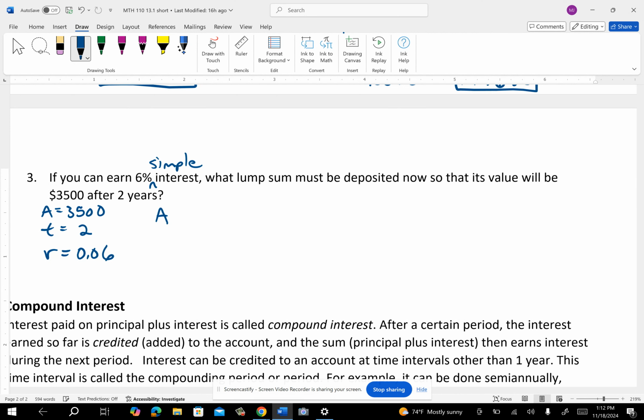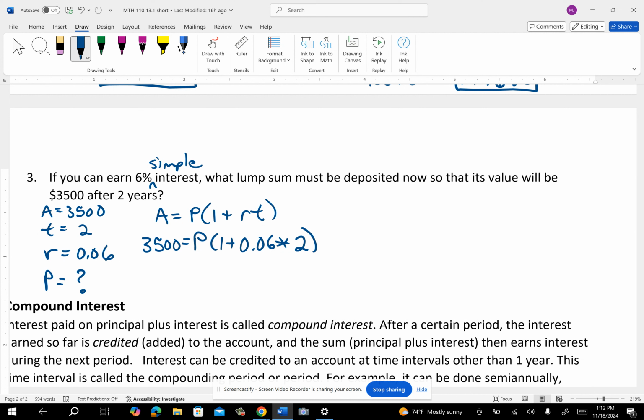So you know this formula, A equals P times 1 plus RT that we used before. We're looking for P. P is what we're trying to find. So we're going to plug in the 3,500, but it goes for A. We don't know P. The interest rate is 6%, so we'll change that to 0.06. The time is already years, so we'll put in a 2 there.